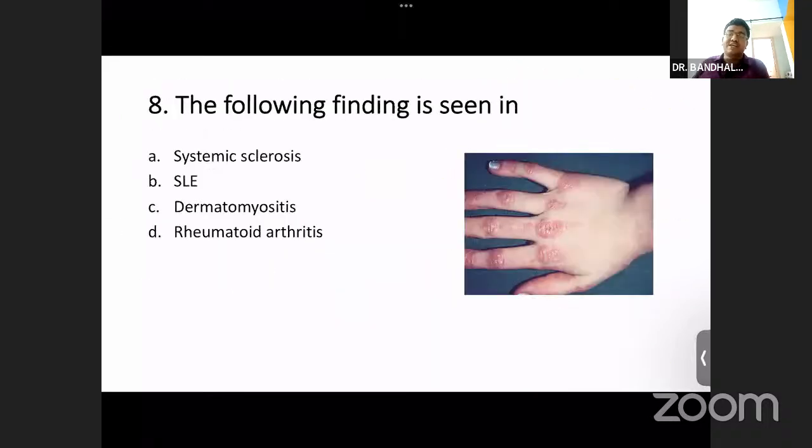The following finding is seen in option A, systemic sclerosis, option B, SLE, option C, dermatomyositis, option D, rheumatoid arthritis. You see the image, there are multiple erythematous papules and plaques over the knuckles mainly. The image you can make out, right?